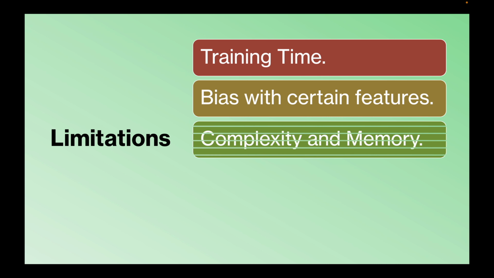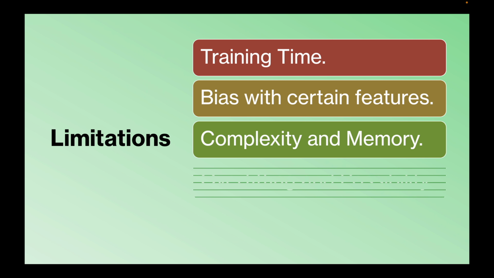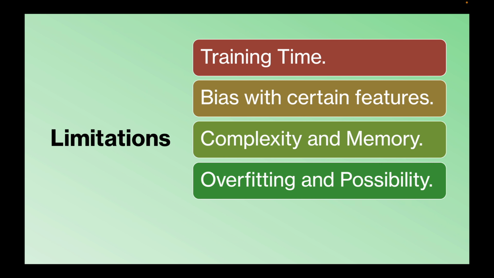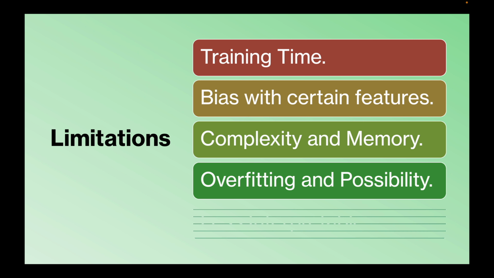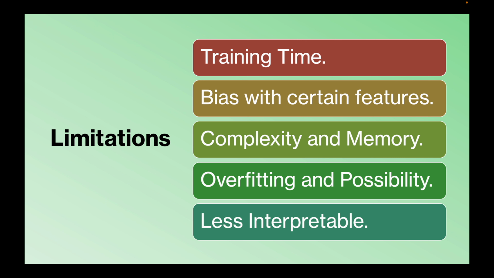The third is complexity and memory. As compared to a single decision tree, random forest has large memory usage and is complex, so it has slower training and prediction time. Overfitting possibility. With noisy data and very complex trees, it can still overfit slightly. Less interpretable. It is difficult to visualize and explain the random forest as compared to a single decision tree.